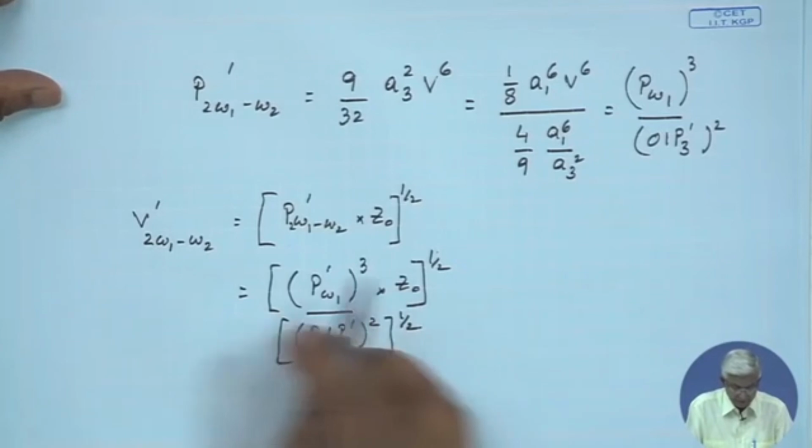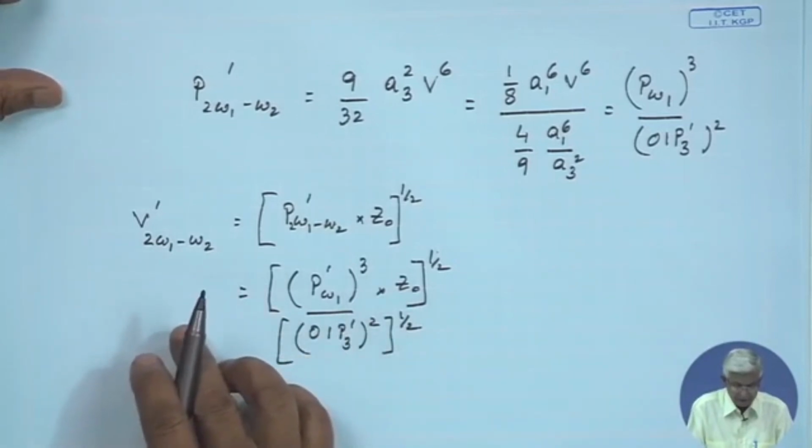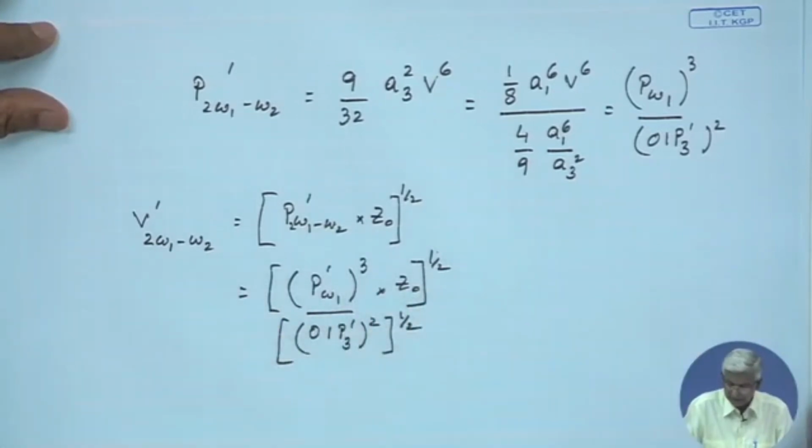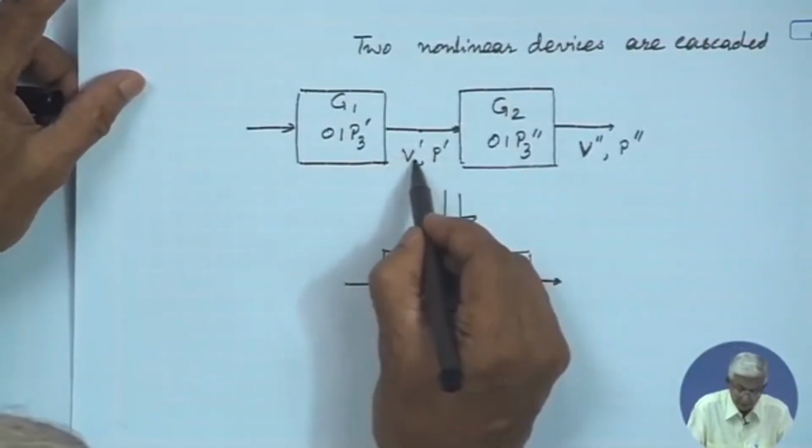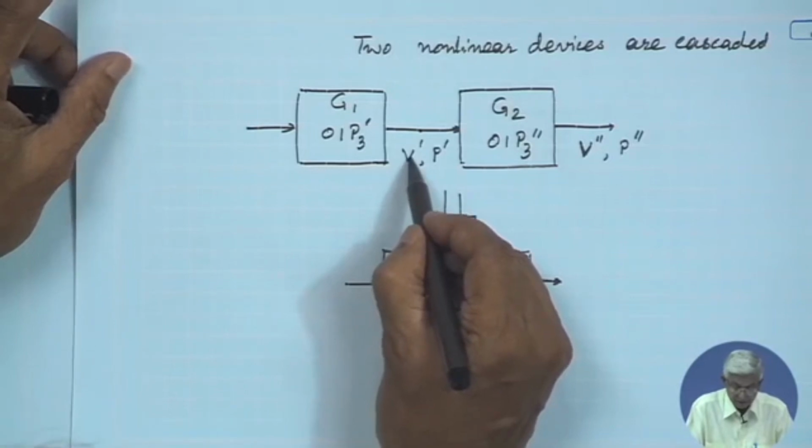Now, this is the V prime of that particular third order intermod distortion voltage.